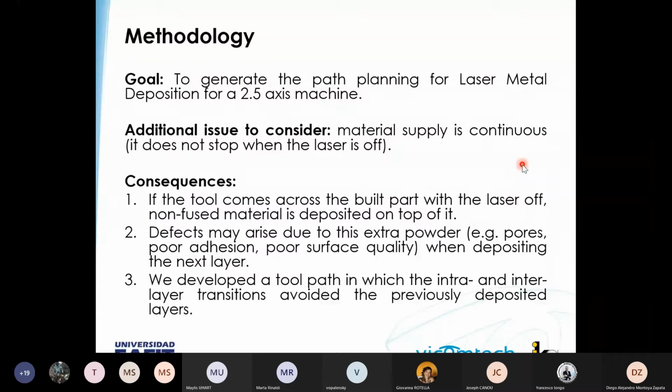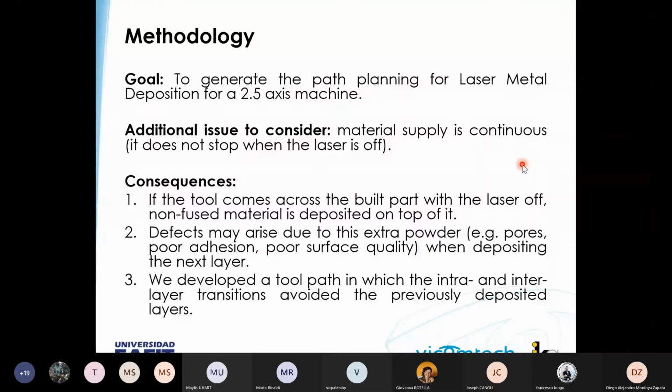As I told you before, our ultimate goal was to generate the path planning for laser metal deposition for a 2.5 axis machine. But I haven't told you an additional requirement to consider: the material supply is continuous.